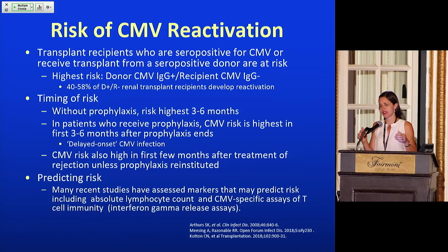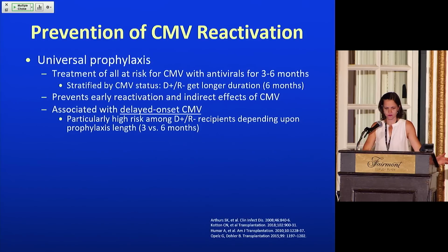The absolute lymphocyte count is a really inexpensive test, right? It's just a CBC with a diff and you can calculate it. Whereas this other thing that people are looking at, CMV specific assays of T cell immunity, or a T-spot for CMV, is an expensive test, but that may also be something that could predict who's at highest risk when prophylaxis ends. So there are studies ongoing, and it's something to pay attention to over the next few years.